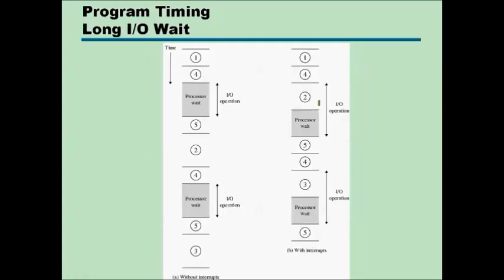This is the program timing with long I/O wait, so without interrupts and with interrupts. So it shows how the CPU works inside. While doing your program, and then there is an interrupt, what happens visually?